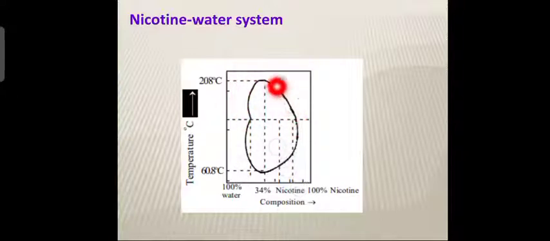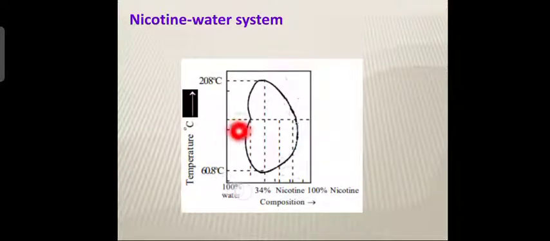So this is the upper CST, this is the lower CST. The lower CST corresponds to 60.8 degrees Celsius, the upper CST corresponds to 208 degrees Celsius. At the center the middle temperature is 95 degrees Celsius. This is not shown here. The temperature corresponding to the center is 95 degrees Celsius.